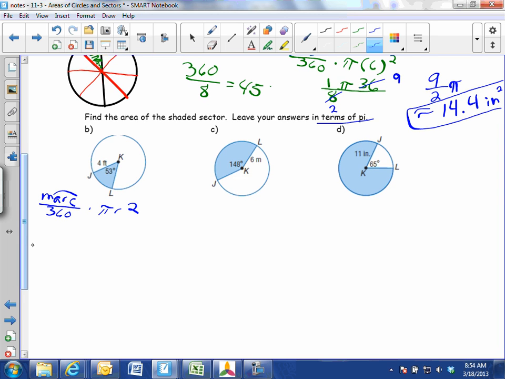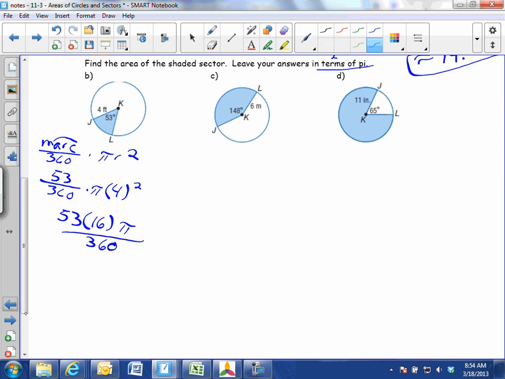The measure of the arc in this case is 53, the radius is 4, and 4 squared gives us 16. So what's 53 times 16? 848. And then you just need to reduce that fraction.